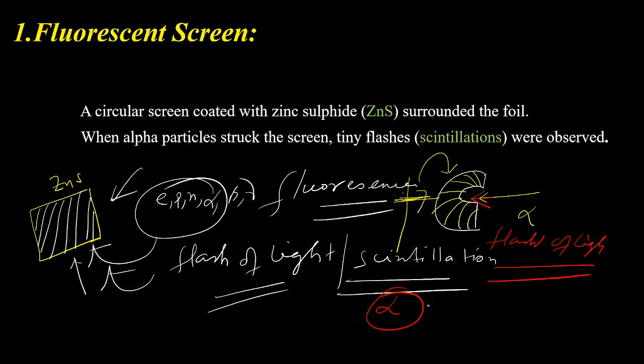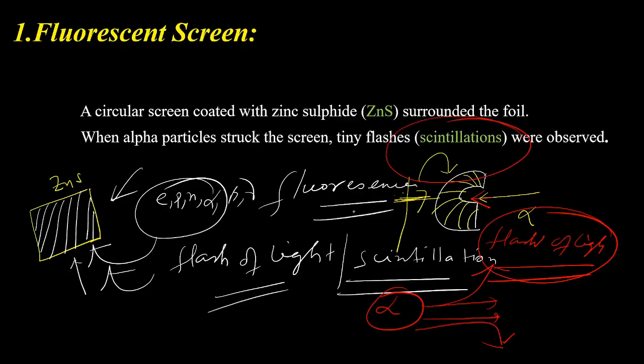Whether the alpha particle passed through a straight path or a deflected path was observed from this flash of light on the fluorescent screen. That is why a fluorescent screen was used in Rutherford's experiment.